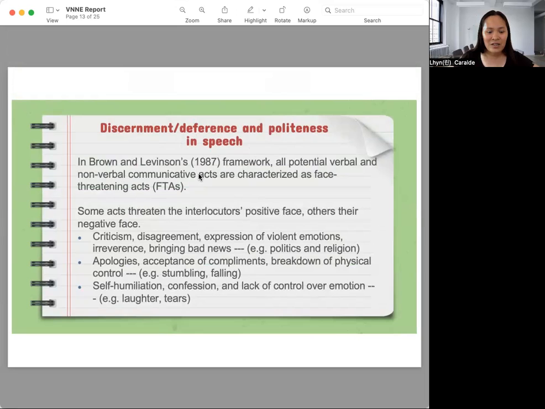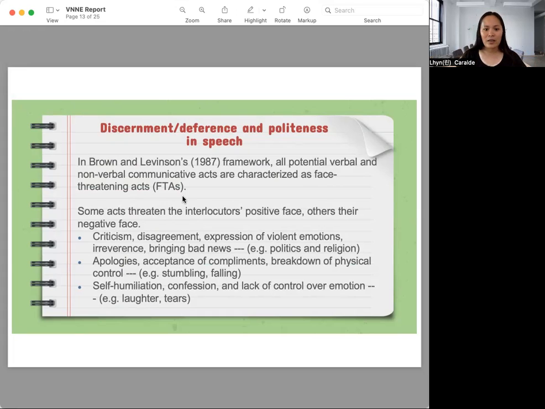In Brown and Levinson's 1987 framework, all potential verbal and nonverbal communicative acts are characterized as face-threatening acts, or FTAs. This means that sometimes we recognize the person according to his or her looks.